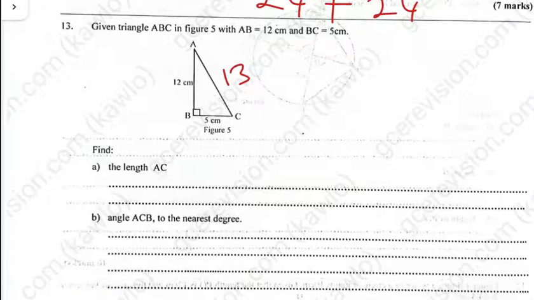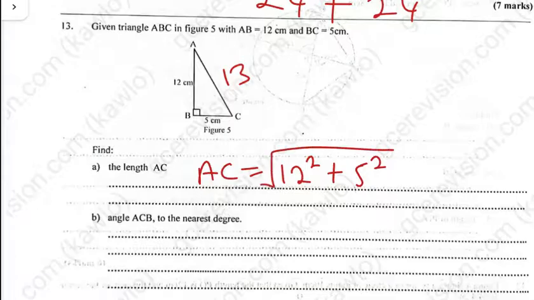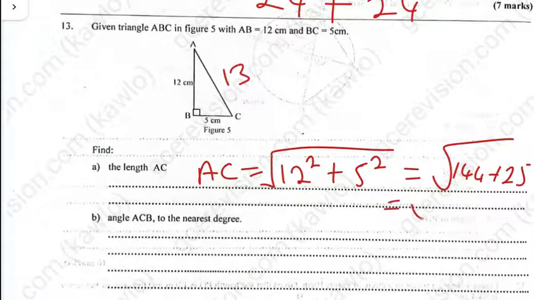This side is 5, this side is 12, the other side should be 13 because it's a right angle triangle. So the length AC will be the square root of 12 squared plus 5 squared, the square root of 144 plus 25, which is the square root of 169, and which is 13.